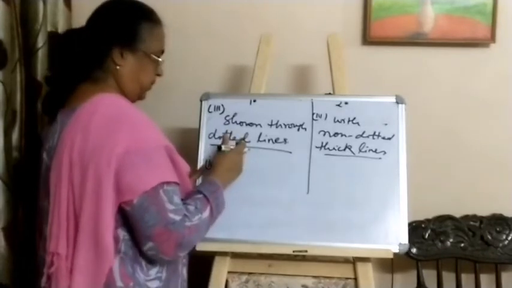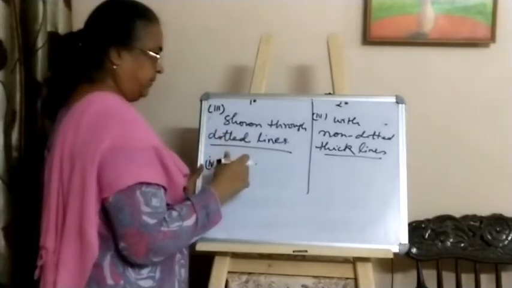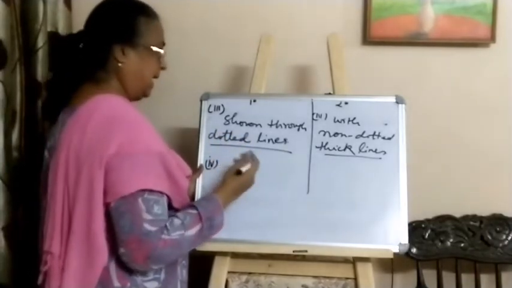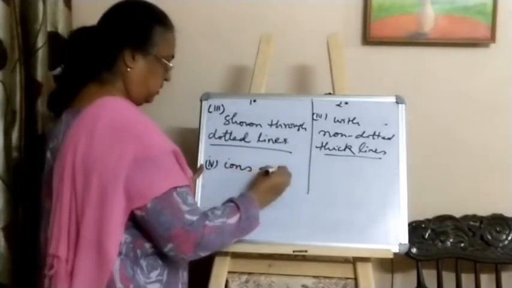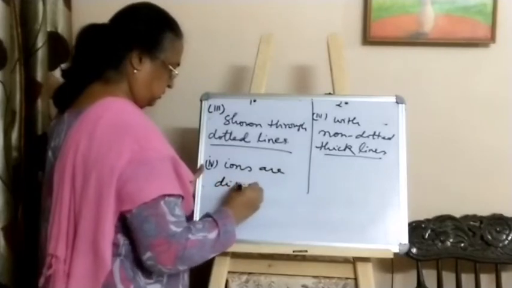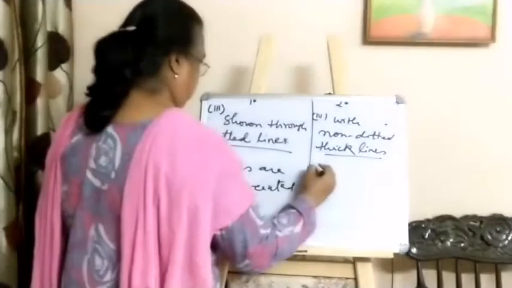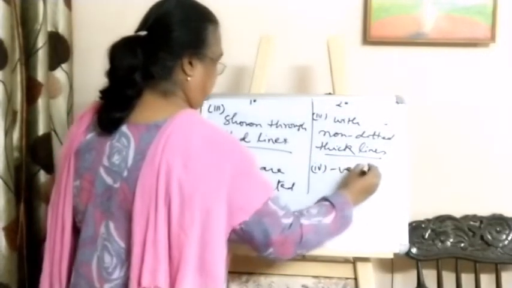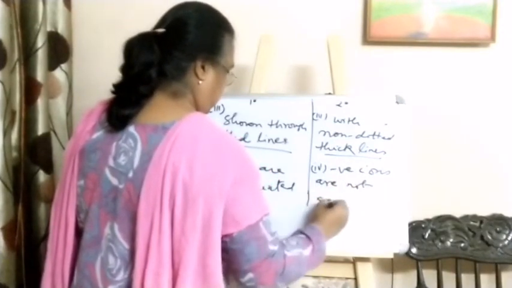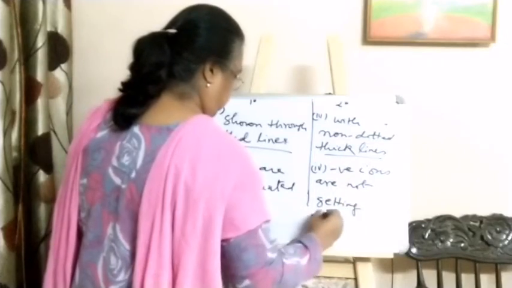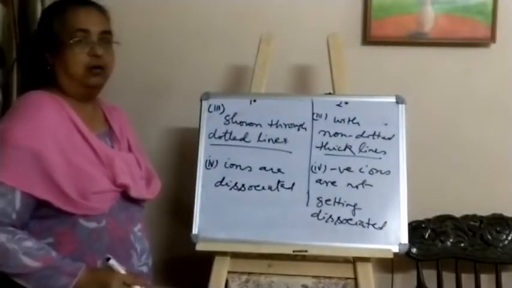So when this salt is put in water, the anions attached to the primary valency get dissociated when dissolved in water. And here the negative ions attached through the secondary valency are not getting dissociated when dissolved in water or in the solution.